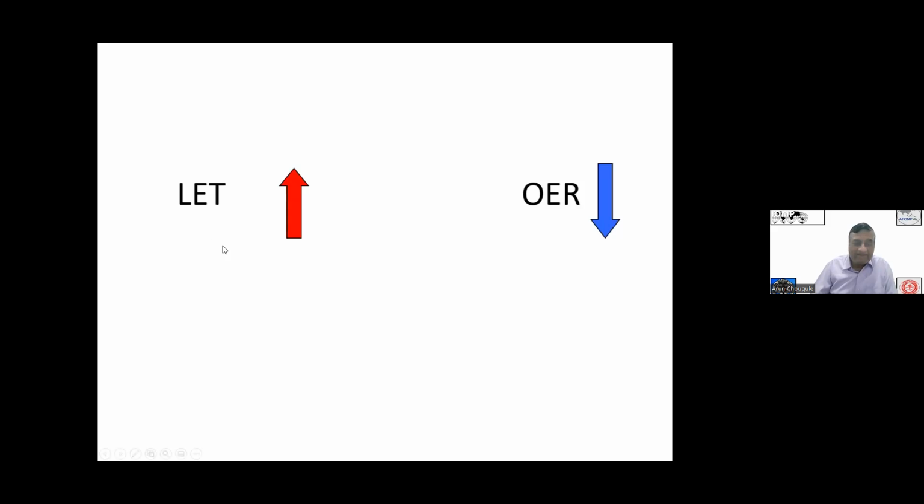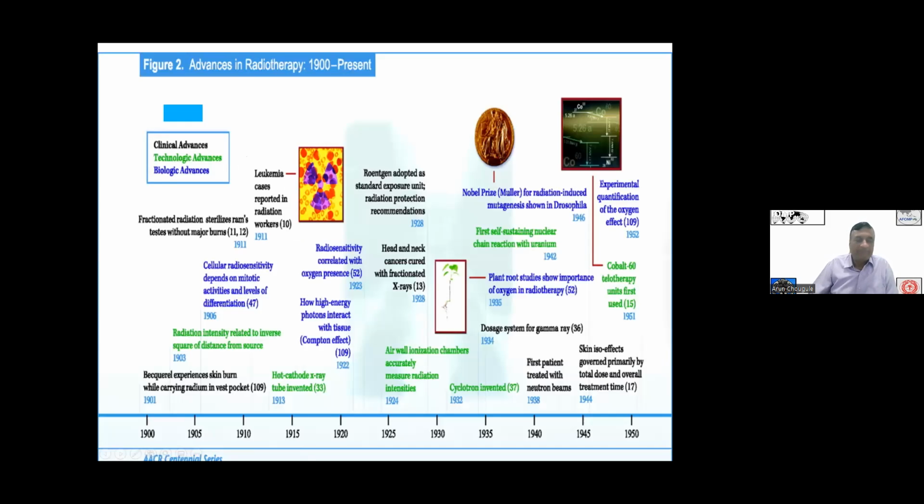So as LET increases, oxygen enhancement ratio comes down. Low LET, high OER. X and gamma radiation is low LET, and therefore OER is a maximum. But for alpha particles or carbon particles, LET is much higher, and OER approaches almost 1.